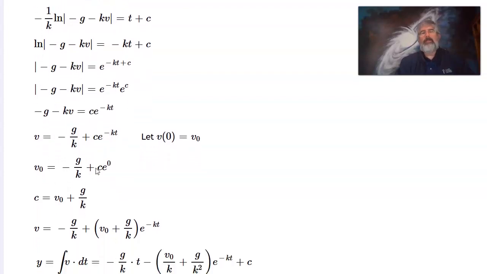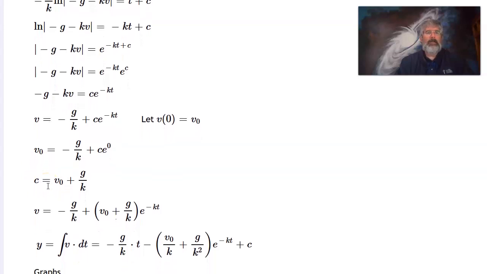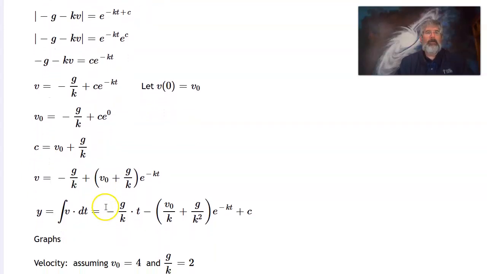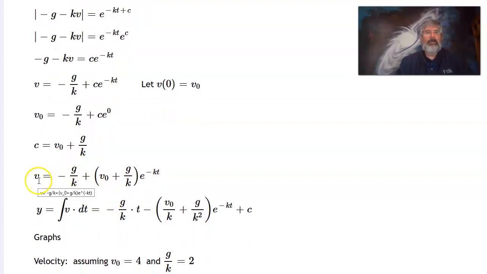Now, if I had some initial condition, so at time 0 I have some initial velocity, I can plug in those initial conditions and figure out what c is. So e to the 0 times c plus negative g over k is the velocity at time 0. And solving for c, we get this, and I end up with a velocity equation that looks like this.